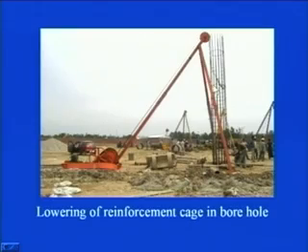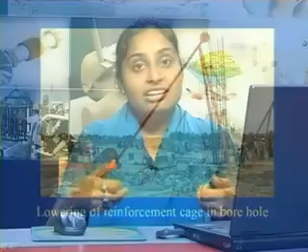So while lowering it down, you really cannot prepare a reinforcement cage of 30 meter at a stretch, and in one go you really cannot lower it down. So what happens is that first they prepare a reinforcement cage of, let us say, 10 meter, they lower it down to some depth, then they hold it back and weld another reinforcement cage of 10 meter.